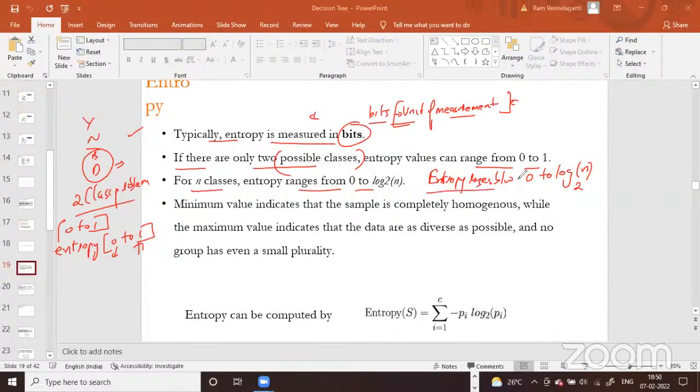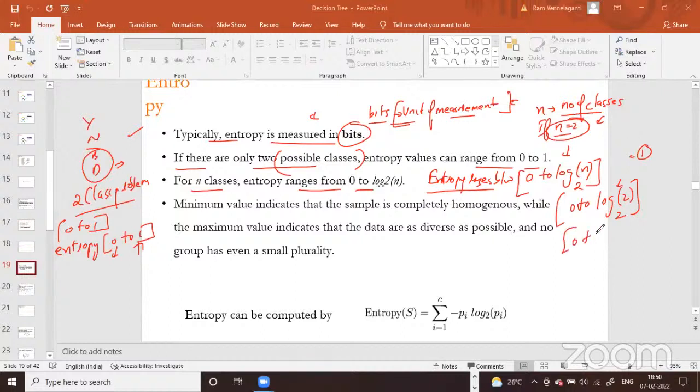So n is the number of classes for us. If your value of n is equal to 2, then the entropy value is going to lie in the range of 0 to log 2 to the base 2. What is log 2 to the base 2? It is 1. So the entropy value is going to lie in the range of 0 to 1 for us.